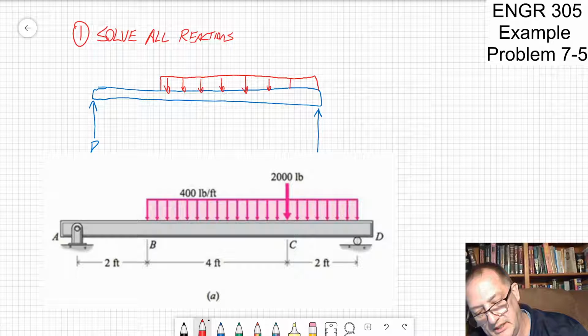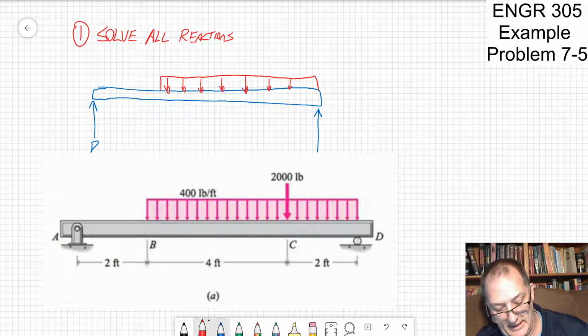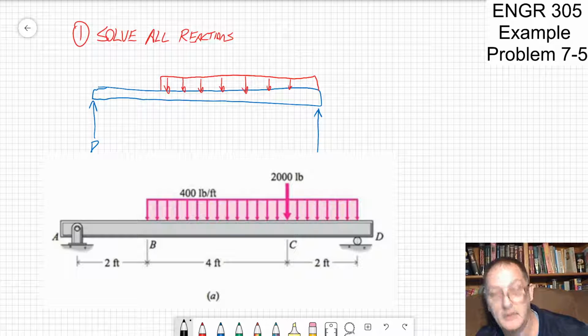I did this when I used the whiteboard in the classroom too. I would grab the red marker. And then I've got a point load at C.